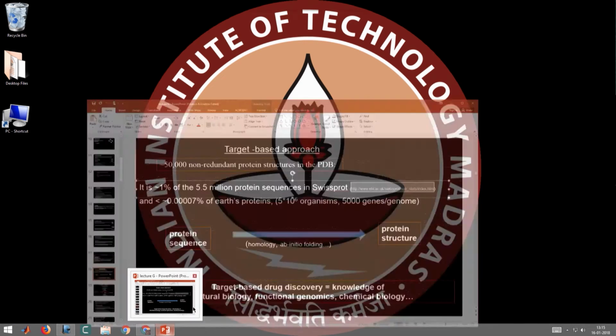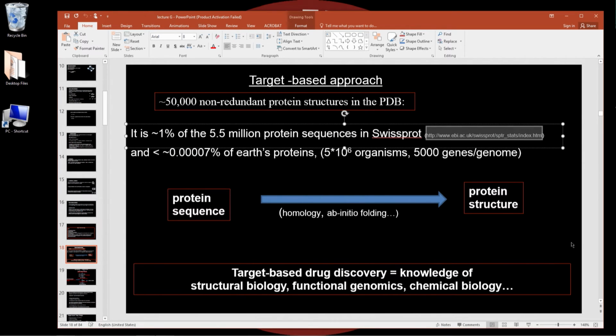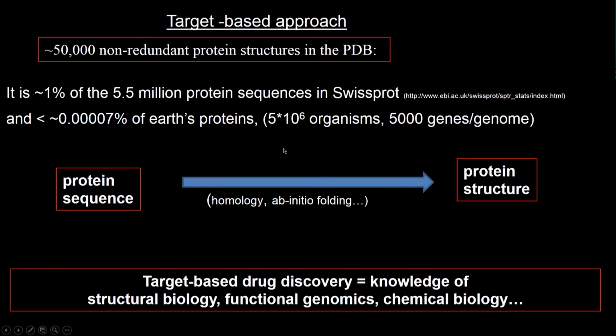So what it means is there are only 50,000 proteins, 3-dimensional structures in the protein data bank, but this Swiss Prot has almost 5.5 million protein sequences, that is 2-dimensional protein sequences, which is only 1%.